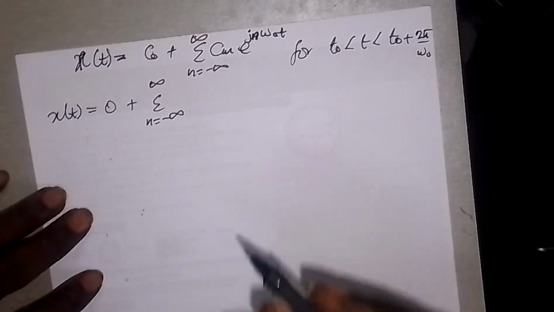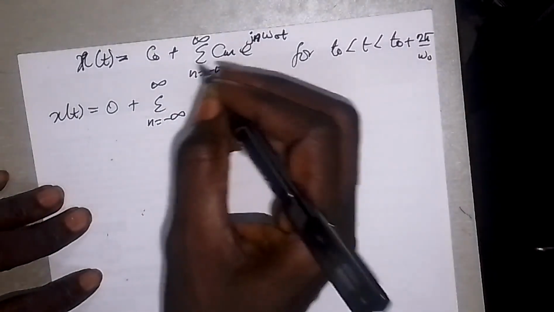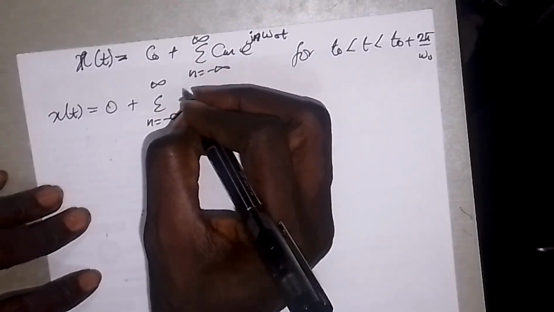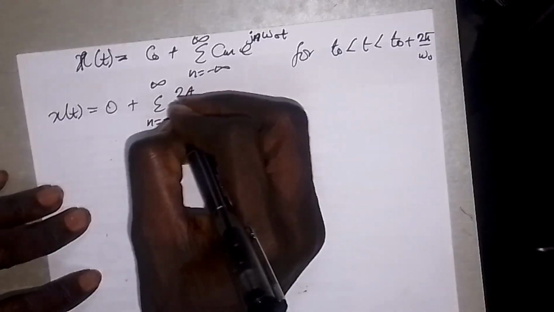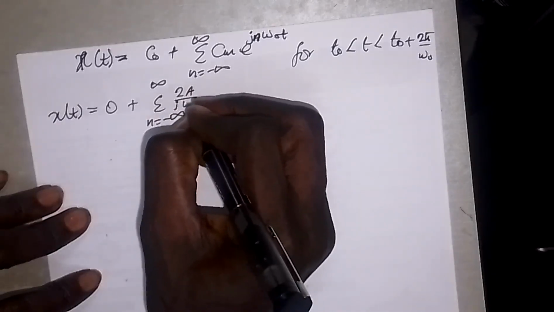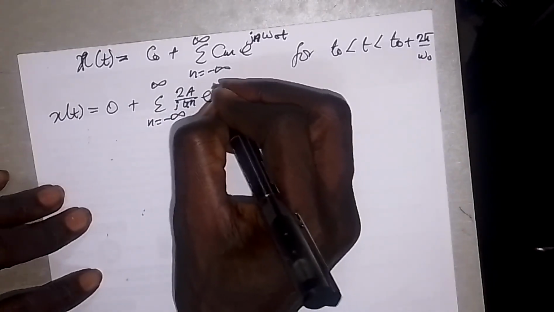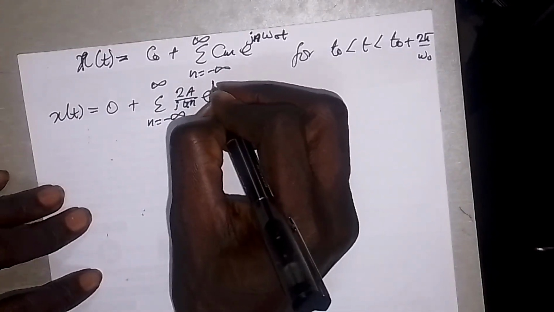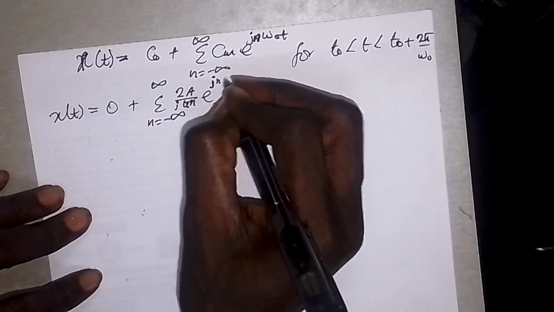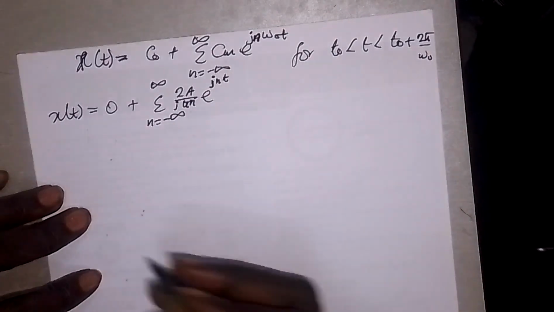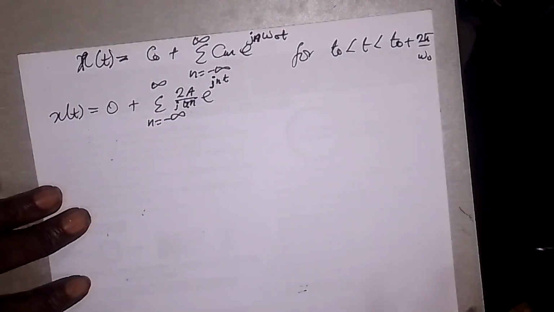So here I can write what I got over there: 2A over j pi n, times the complex exponential e to the power j n omega naught t.